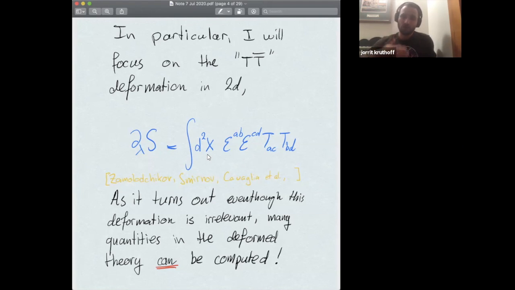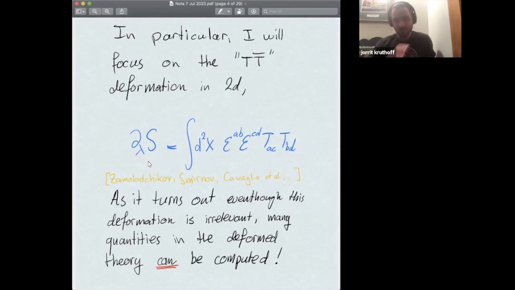Then, to go one step further, I use that new stress tensor to compute the next step in how I deform the action. So it's really a flow equation where these stress tensors T depend on the theory at the point lambda, so to say.